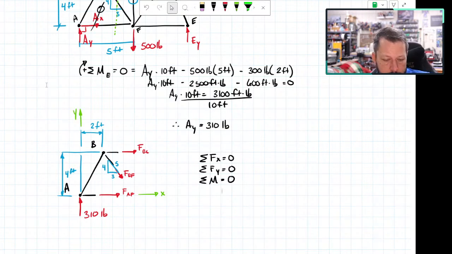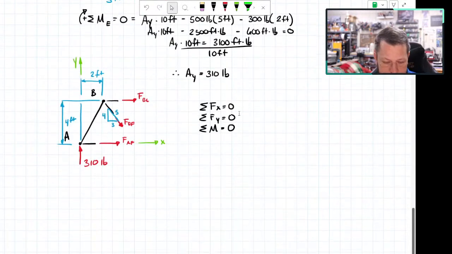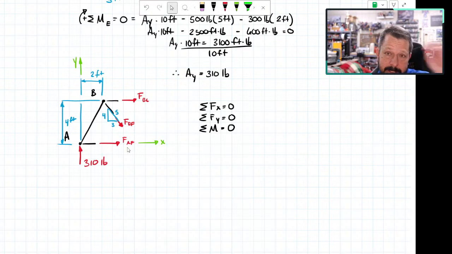So the 2 I'm not interested in, BC and AF, because my problem statement said find BF. So I'm not interested in the other 2. BC and AF, those are completely horizontal. So anything I do with X is going to throw those unknowns into the equation. So I should stay away from summation of forces in X. The moment equation, I don't see a point.